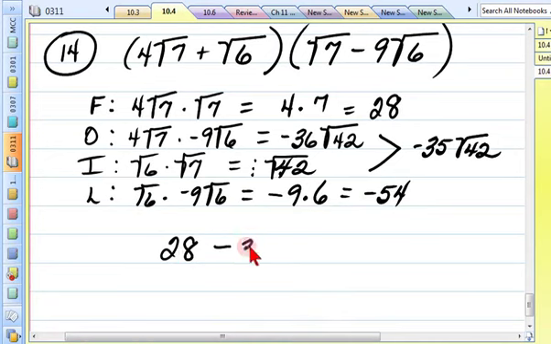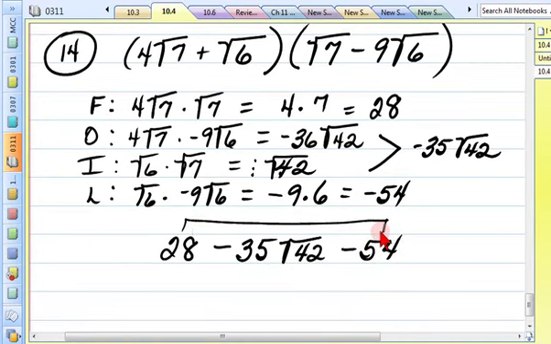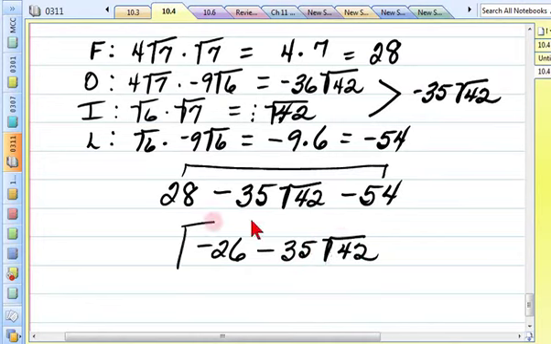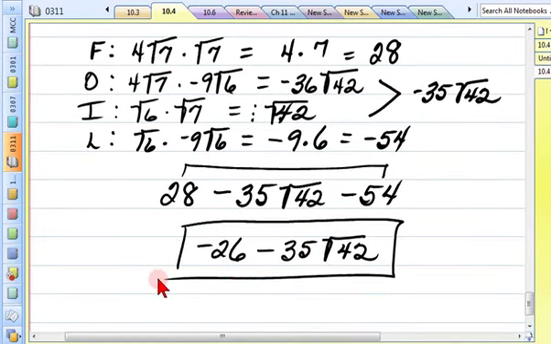The outers and the inners gives me negative 35 times the square root of 42 minus 54. And this time, my first and my last were both rational numbers. So what's 28 minus 54? Negative 26, and it's minus 35 times the square root of 42. Weird answer.